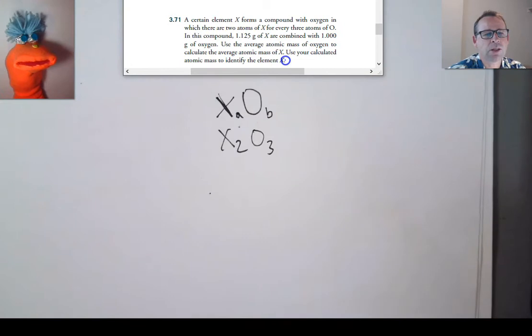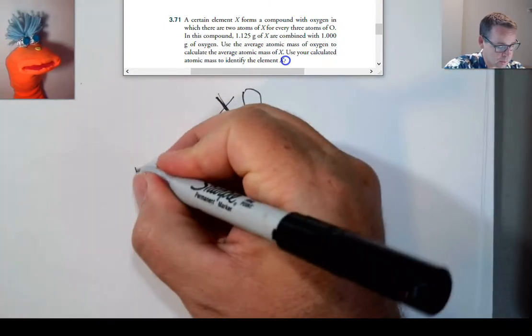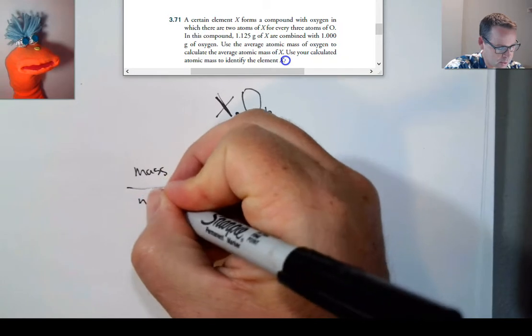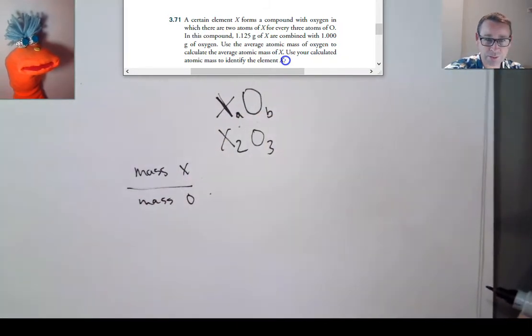Very good. So, we want to recognize that there is this relationship that exists between the mass of the X and the mass of the oxygen.